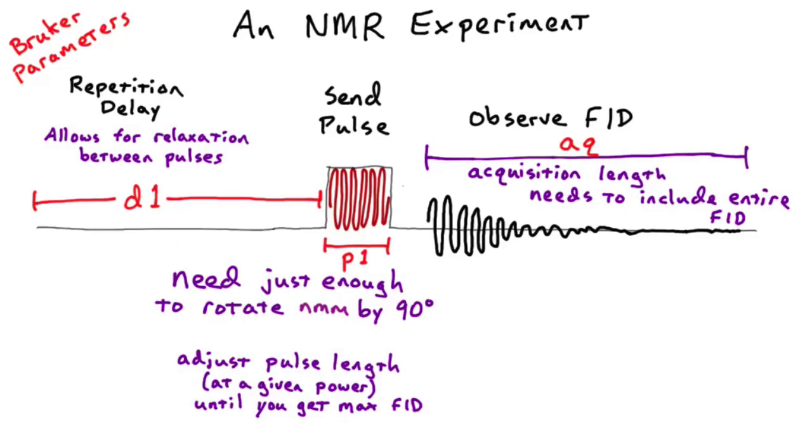The pulse is P for pulse, and in this experiment there's only one, so it's P1. There are other NMR experiments that use a whole bunch of pulses, but here we just have one. And then AQ is the acquisition length, and that's just a value you specify in a number of seconds. The pulse is in microseconds, the repetition delay is in seconds.